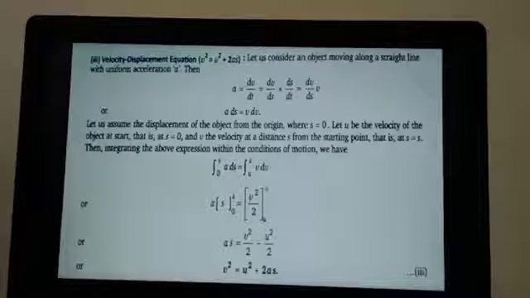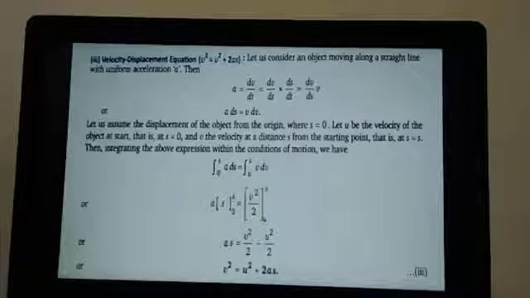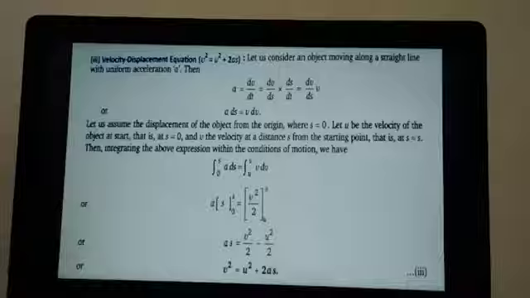Okay, now the fourth equation of motion, which is displacement in the tth second. In the last set of derivations, we made use of the fact that displacement in the tth second is equal to displacement in t seconds minus displacement in t minus 1 seconds.